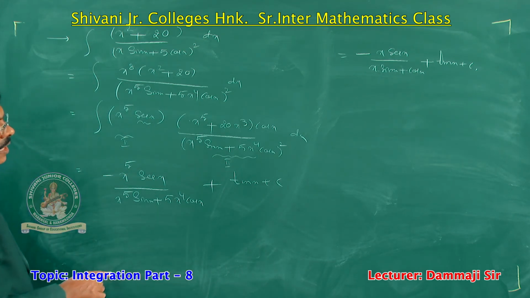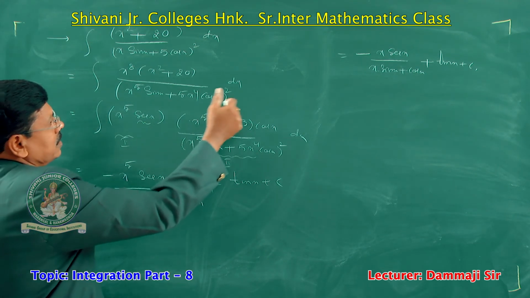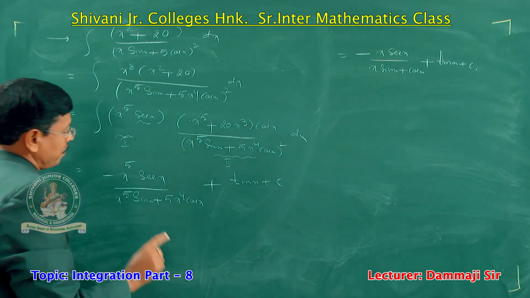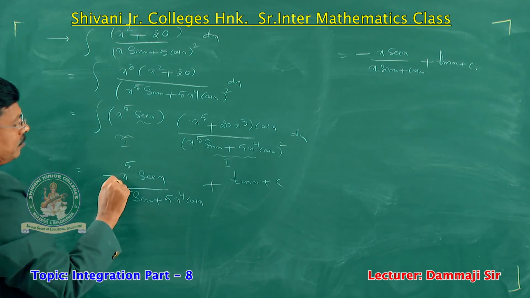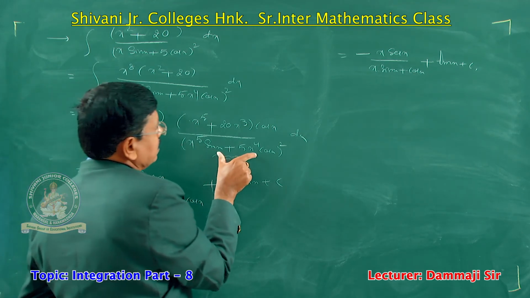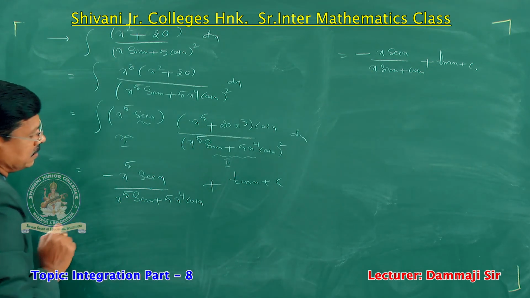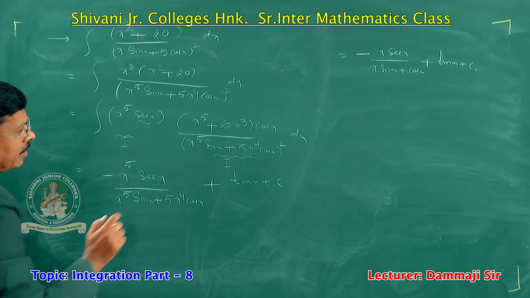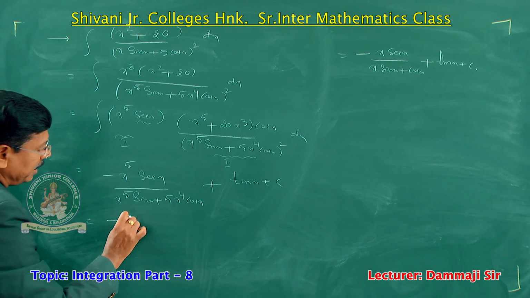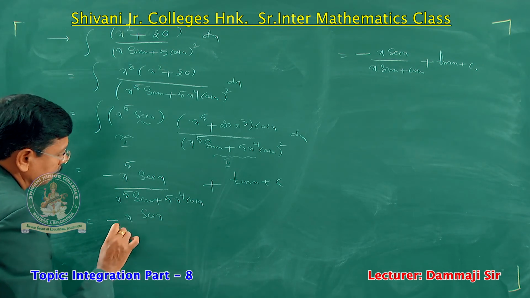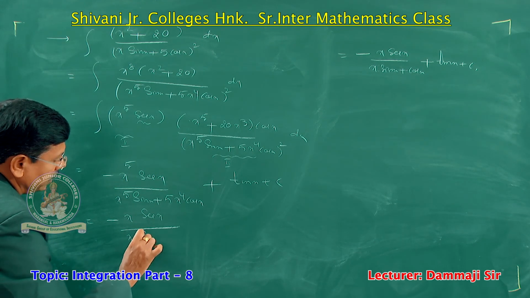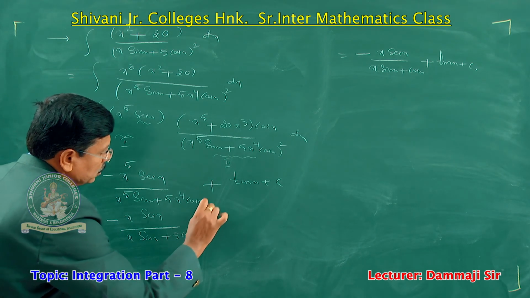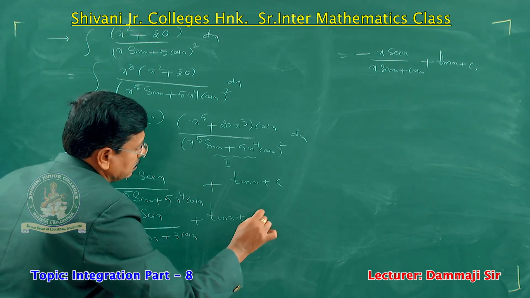See, you can observe that the first and second are already similar to the previous problem, x secant x same as it is, and the denominator as it is. Minus, x power 4 will be taken common, that is minus x secant x by (x sin x plus 5 cos x) plus tan x plus c.